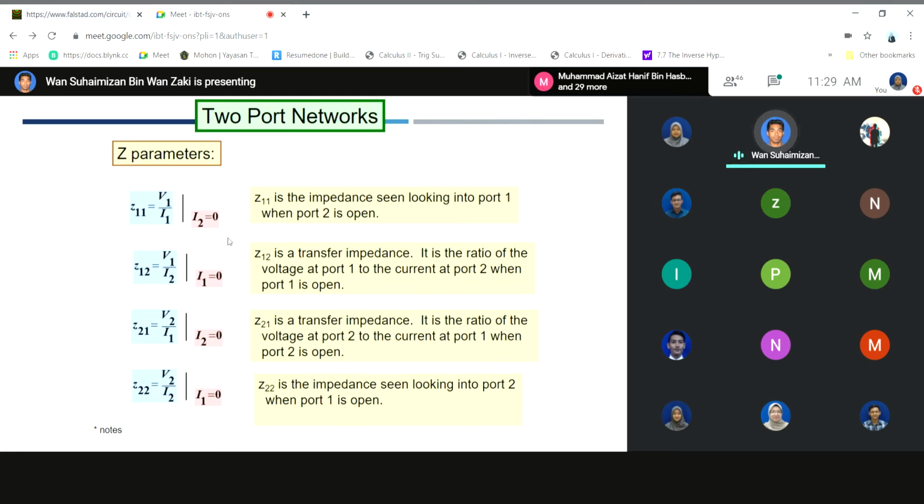If you open circuit at port number 2, meaning I2 equals 0, you can get Z11 and Z21. If you open circuit at port number 1, so I1 equals 0, you can get Z12 and Z22. So this is the description of what Z11, Z12, Z21 and Z22 are.